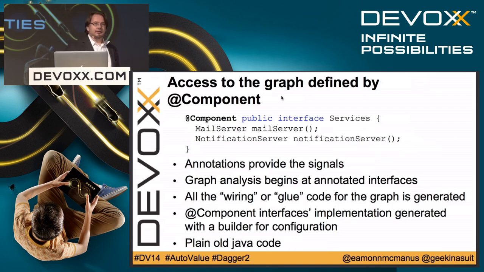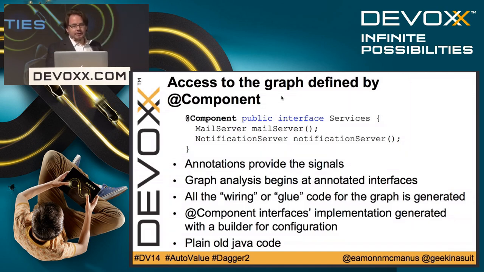Dagger has slightly deviated from the historical dependency injection, which is about having a container or an injector or something that is the sort of God object that manages all of the graph. Instead, we went down the road of saying, well, why doesn't the user supply the entry points of the graph? And much like AutoValue, we will generate a backing implementation that does all of that hard work for you. So that's essentially what we've done.